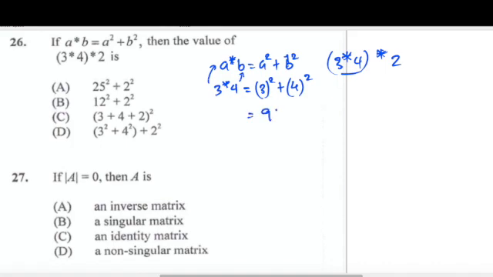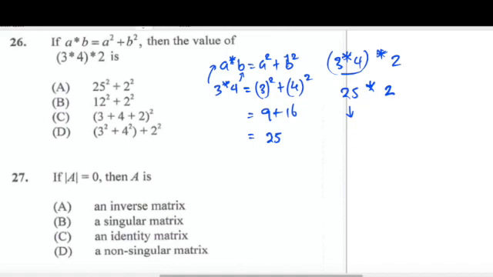So 3 3s are 9 plus 4 4s are 16, 16 and 9, 16 and 10 is 26, so this is 25, right? So now I have 25 asterisk 2. So 25 asterisk 2 will be, well, this is A, so it'll be 25 squared.